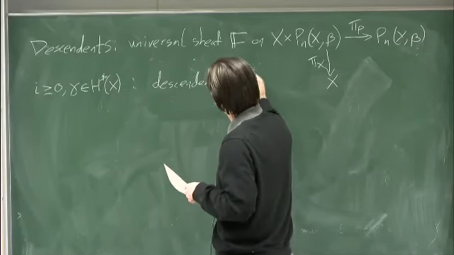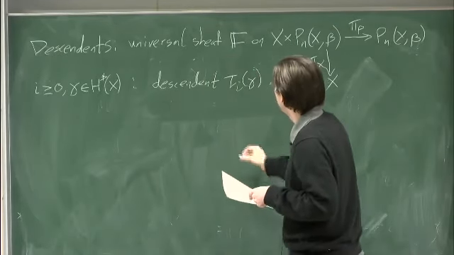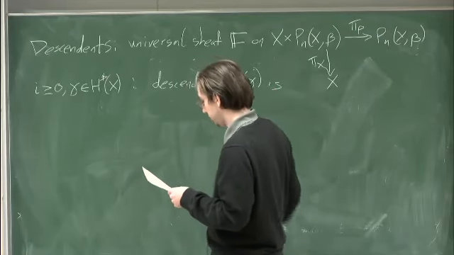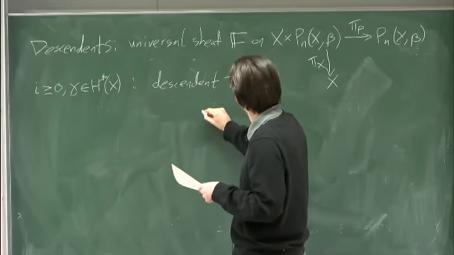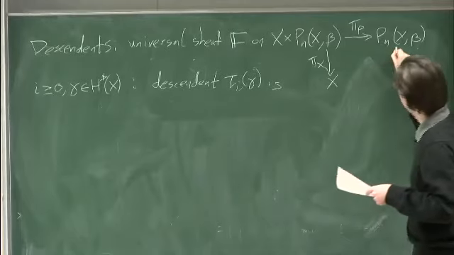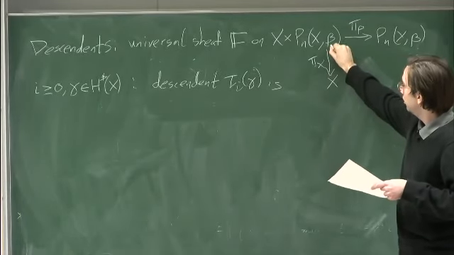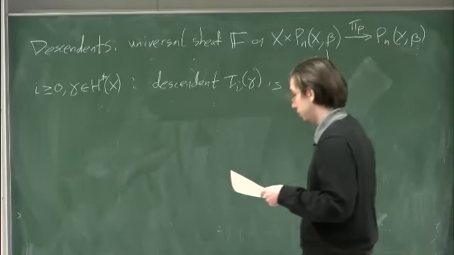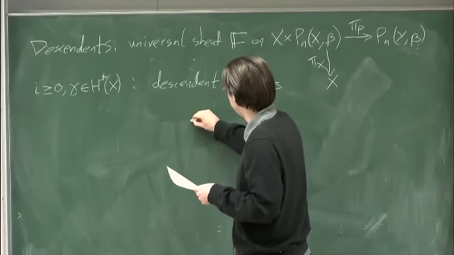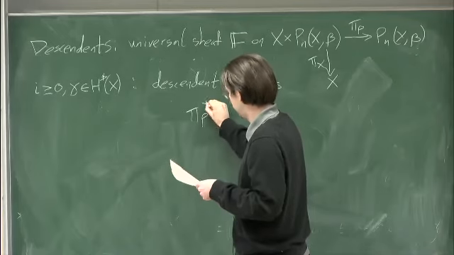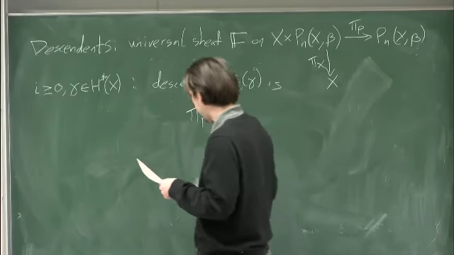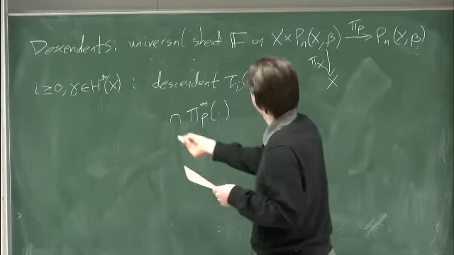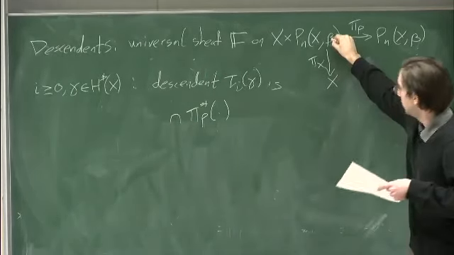So the descendant tau_i of gamma, then, is the operation: we start with a cycle on P_n(X, beta), we then pull it back to this product, we cap it with some stuff, and then we push it back forward. So just write that out. The thing we're capping with, well, we have two different pieces of data here. One of them is a class on X, which we can just pull back to get something on there.